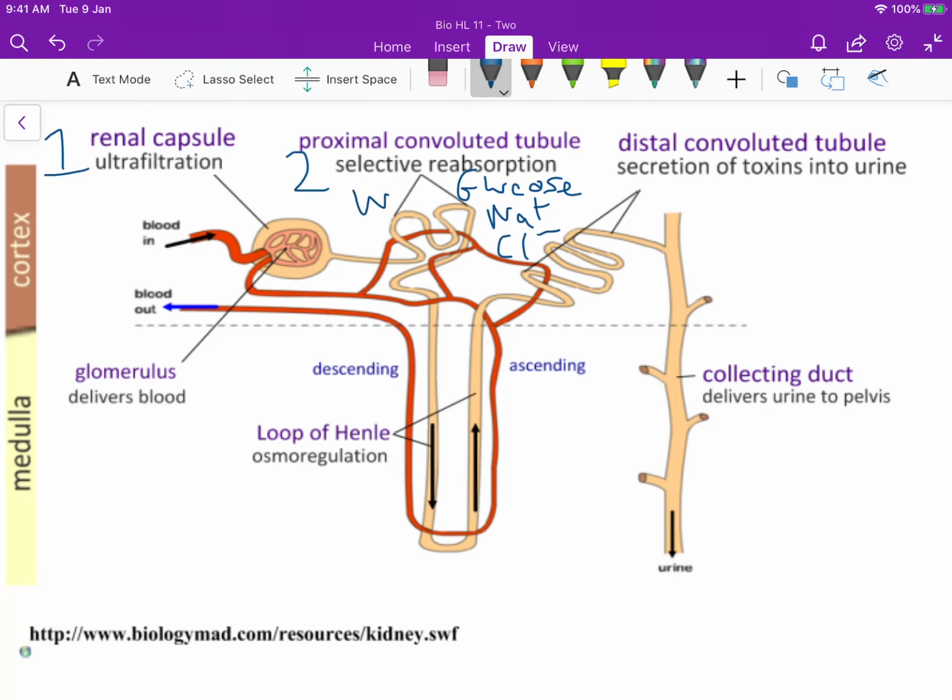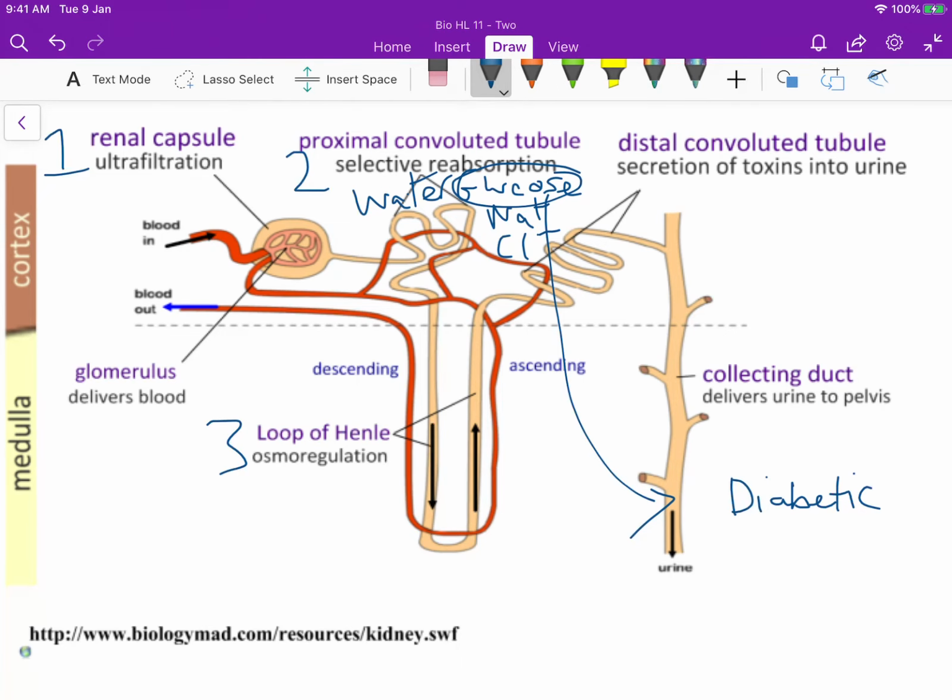Things like water need to be reabsorbed because we don't want to just excrete all the glucose. In fact, if you do have glucose getting into your urine, it means you are diabetic. It means there's so much glucose that it can't be selectively reabsorbed in the proximal convoluted tubule, and it makes its way into urine.